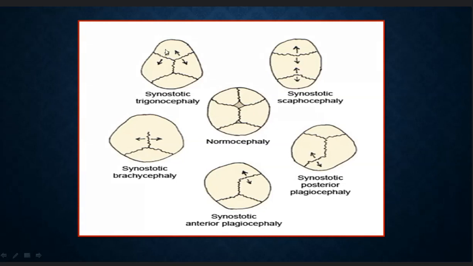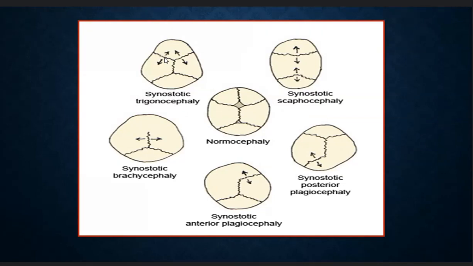But if there is premature fusion of the metopic suture, there will be a compensatory expansion of the coronal suture. Why does this compensation happen?